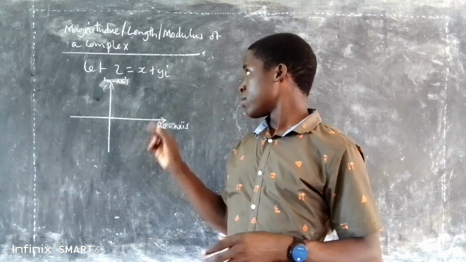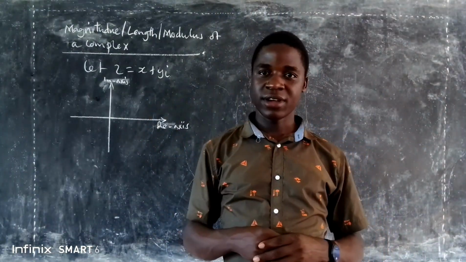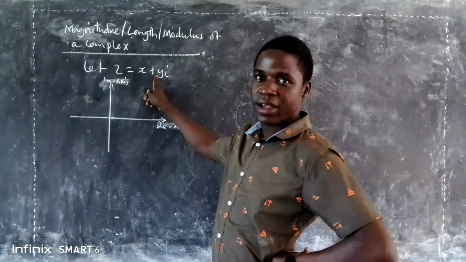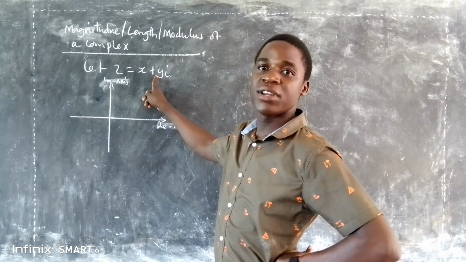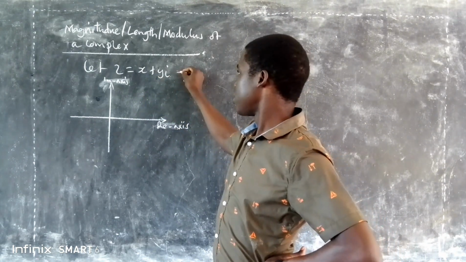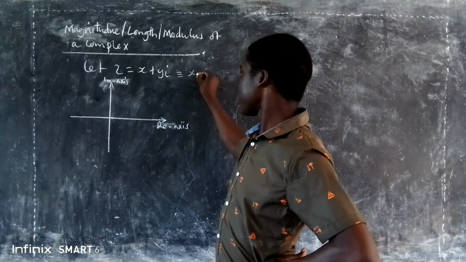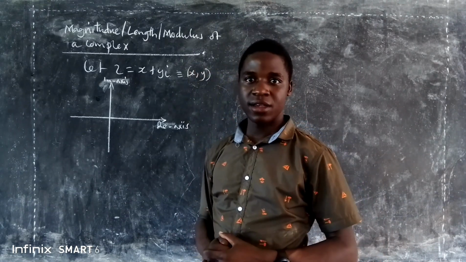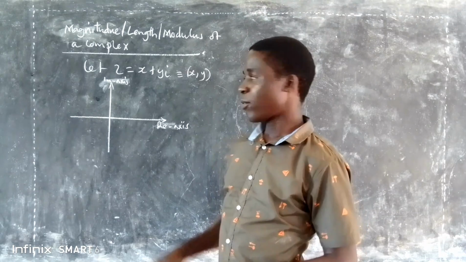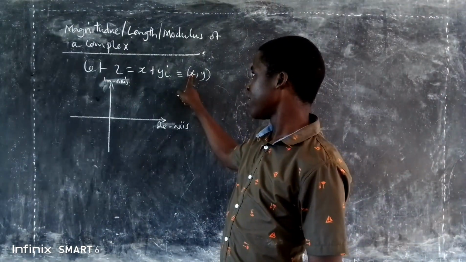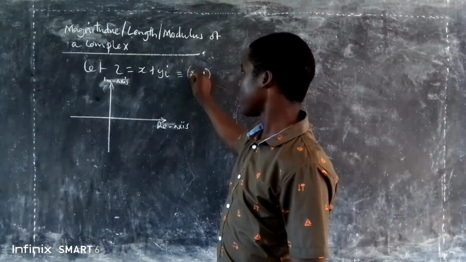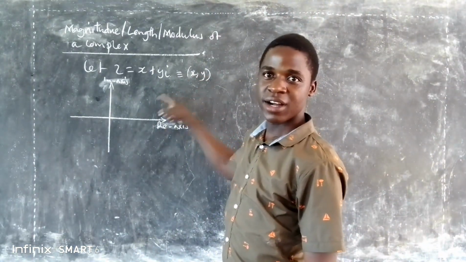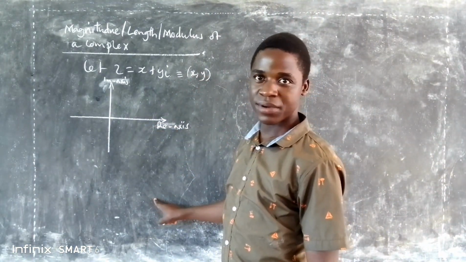Now, we shall plot our complex number. If we have the complex number z equals x plus yi, in coordinate form we shall write it as (x, y). So we have the value of x, and we also have the value of y. This point here can be plotted.